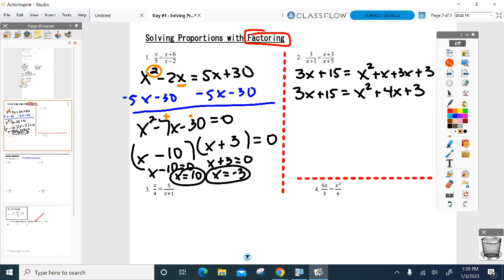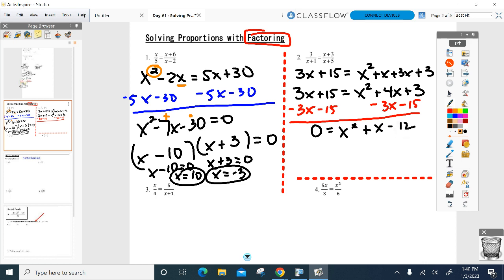And then now it's time to get one side equal to 0. See how my x squared's positive? Keep it that way. So I'm going to move 3x and the 15 over. Minus 3x minus 15. So I should get a positive x in the middle and a negative 12 on the outside here.